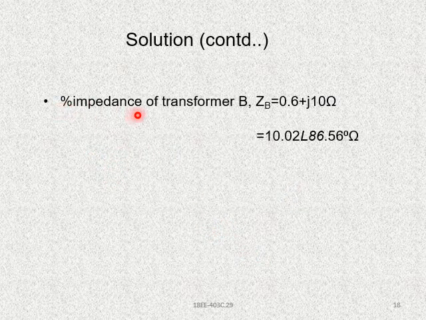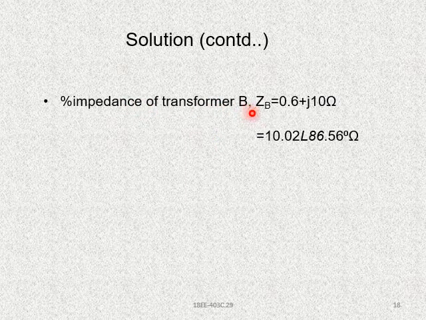You can see the impedance of transformer B, ZB, is equal to 0.6 plus j10 ohms, and converting that into polar form, we get 10.02 at an angle of 86.56 degrees ohm.